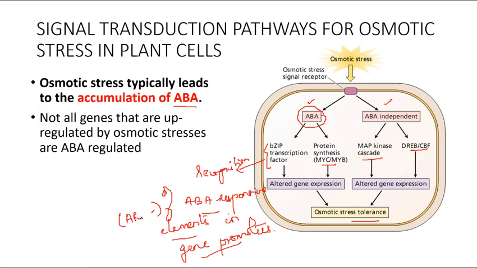It will be AREB, which will be recognized by BZIP, and this helps in the upregulation of the target gene. Clear? So in this way, the ABA dependent and ABA independent pathways help in osmotic stress tolerance.